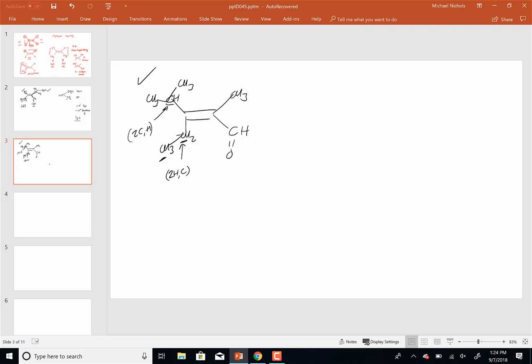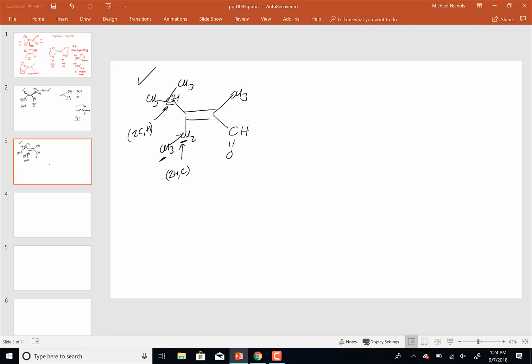Now, if we had a system where the top and the bottom one were tied after these 2 carbons, we then go on to the next carbon and compare those two, and whichever one wins gets the priority. We can continue on down the line until we find a point of difference. And if we don't find a point of difference, then the groups are the same and there is no E or Z.